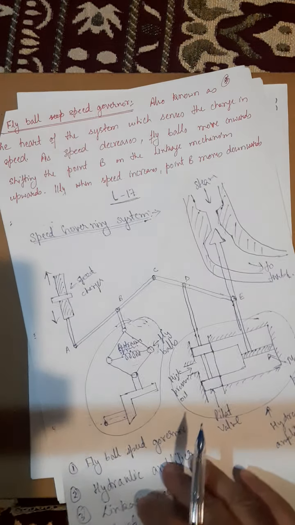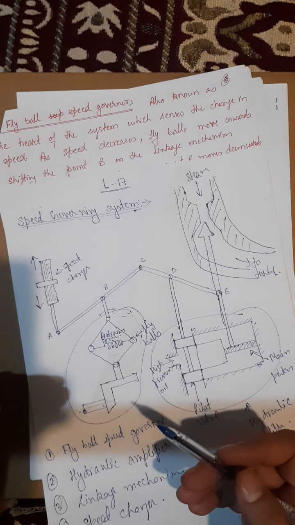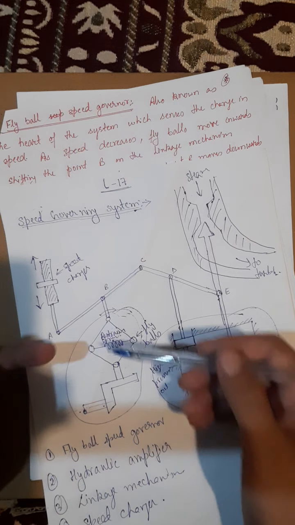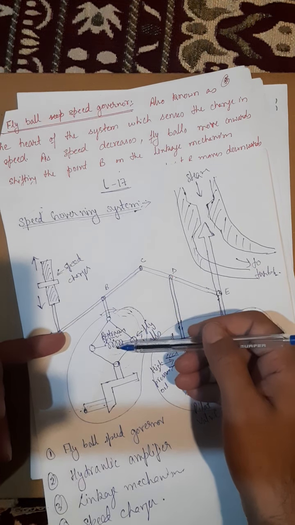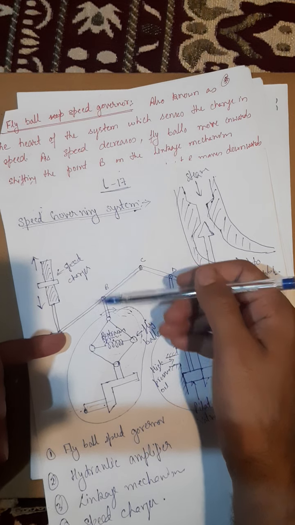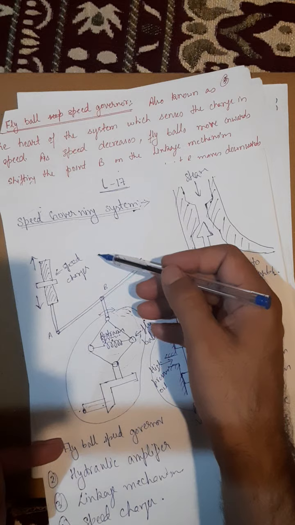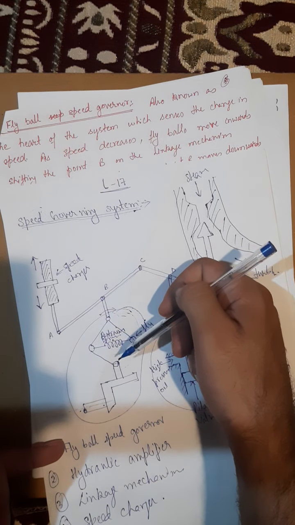So this is what the flyball does. It senses the change in speed and accordingly moves the point B downwards or upwards, depending upon whether speed is increasing or decreasing. If speed is increasing, B will move upward. If speed is decreasing, B will move downwards.